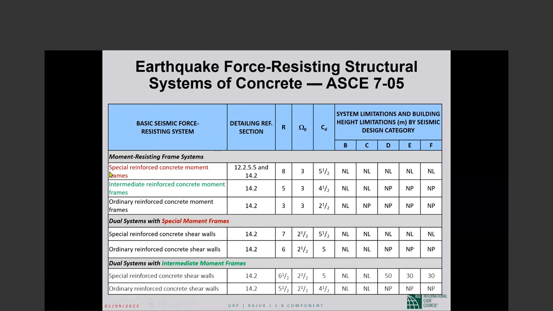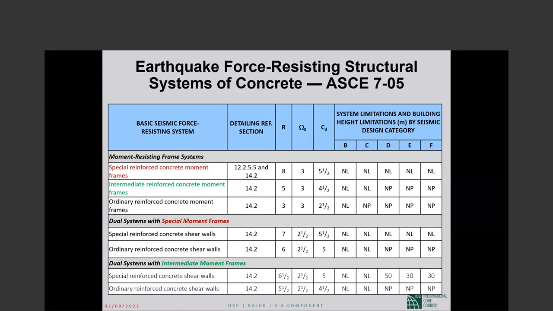In moment frames, we have special moment frames of concrete, intermediate moment frames of concrete, and ordinary moment frames of concrete. They can be used as moment resisting frame system, as we discussed before, or moment frames can be used as part of dual systems. Okay, so moment frames can be used in moment resisting frame systems where there are no shear walls, or they can be used in dual systems where they are in combination with shear walls.